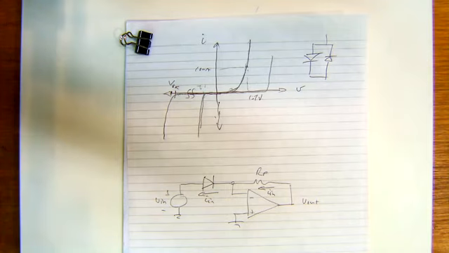The idea is that we've got an op amp that we presume is ideal, and we've got negative feedback. So that's a recipe for what at the input of the op amp?